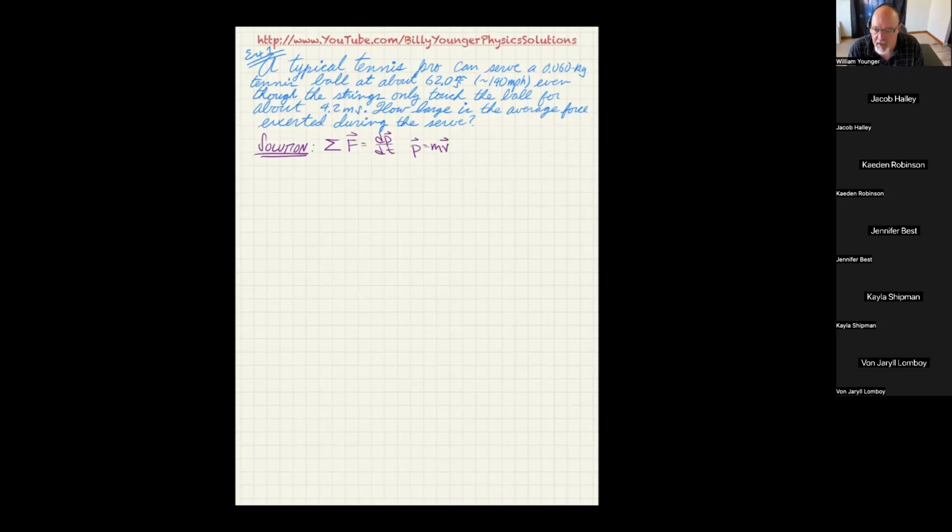Specifically, we're examining the strings of a tennis racket striking a tennis ball for a small period of time, and during that time, the force is going to be quite large.